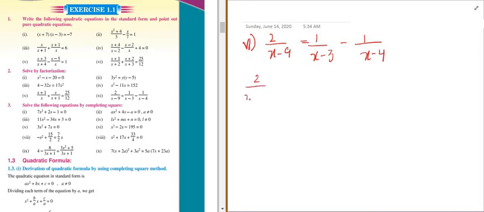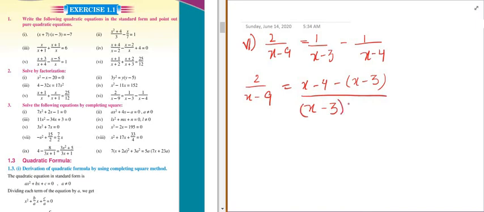This is 2 by x minus 9 equals x minus 4 minus x minus 3 divided by, I just take LCM on the right side, it will look like this. Just solve the numerator and denominator separately. x minus 4 minus x plus 3: x cancels, minus 4 plus 3 is minus 1.